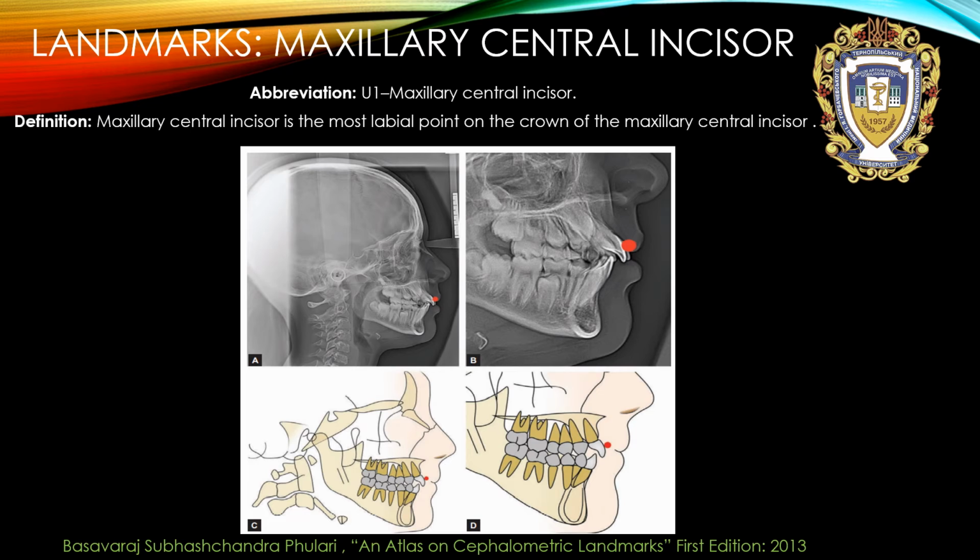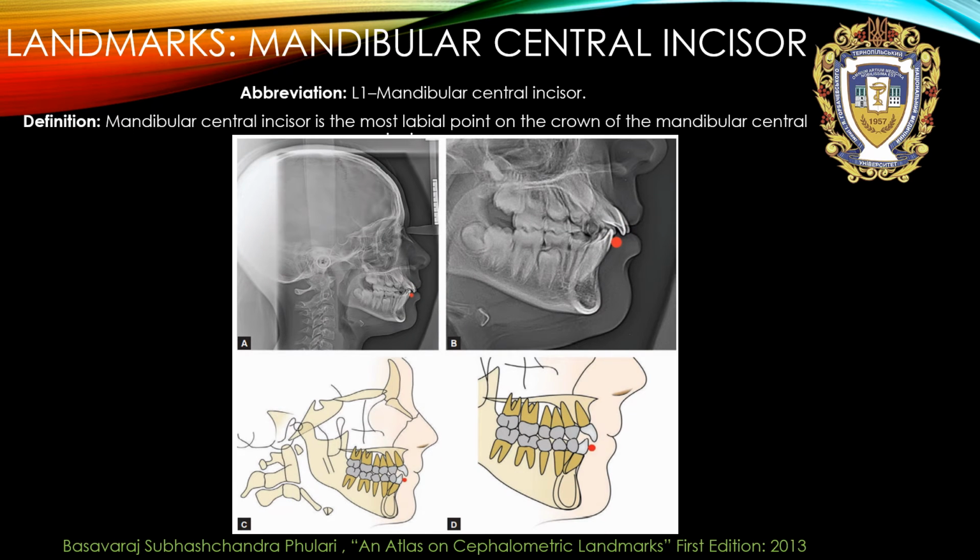Maxillary central incisor point is the most labial point of the crown of the maxillary central incisor. Mandibular central incisor, abbreviation L1, is the most labial point of the crown of the mandibular central incisor.